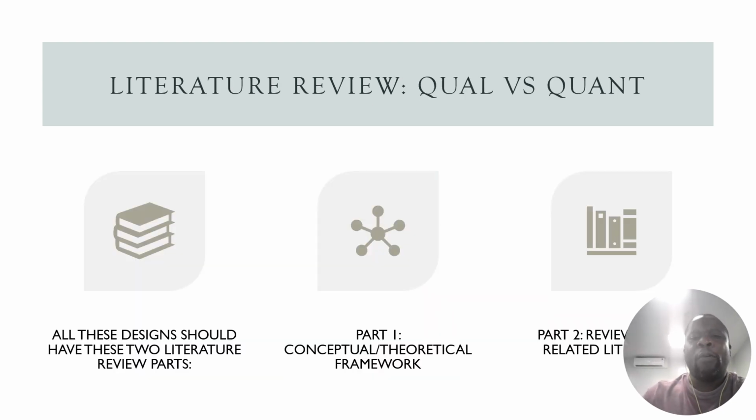Then for qualitative versus quantitative literature review, both qualitative and quantitative research consist of the two parts. However, what you need to master now is how we apply these two parts in these two different research designs.